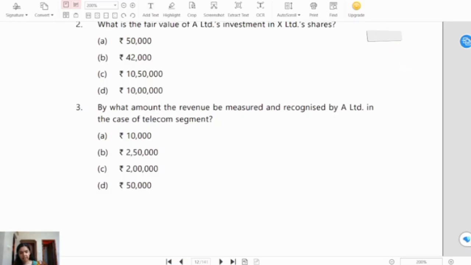Here Ind AS 115 will be applicable, that is revenue from contracts with customers, because A Limited is exchanging telecom service, that is talk time, for power units, and the revenue needs to be measured at fair value.